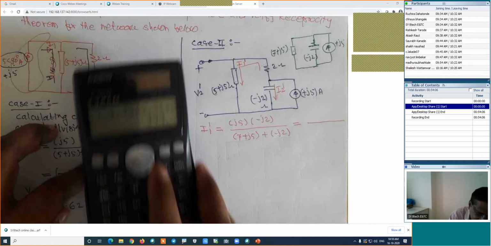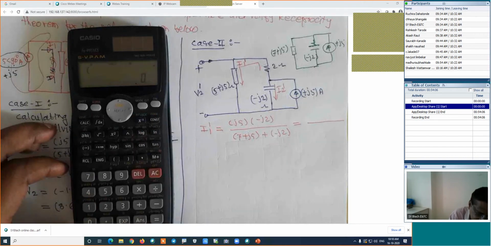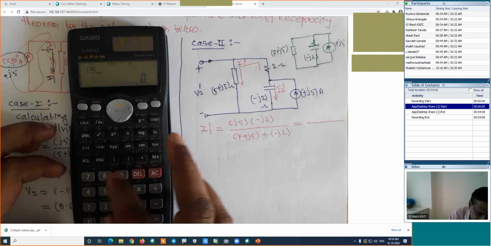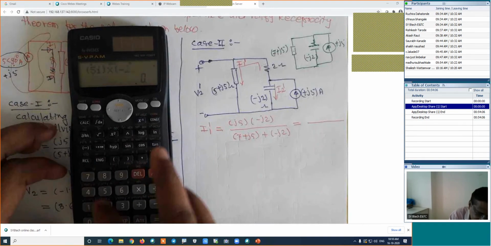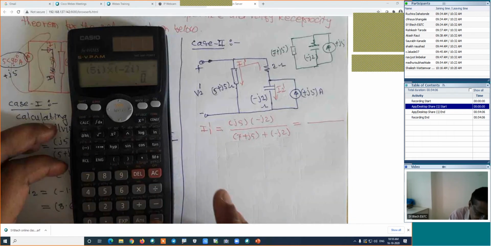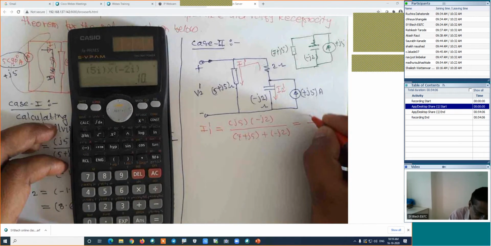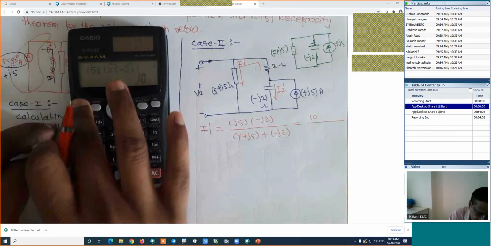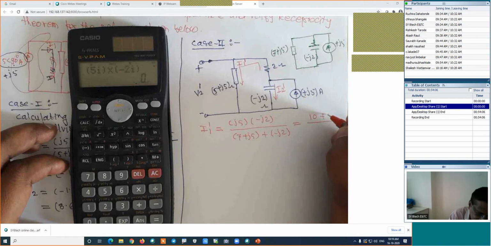For the numerator, start bracket 5i close bracket into start bracket minus 2i close bracket, is equal to 10, which is the real part, and the imaginary part will be plus 0i, or J0.